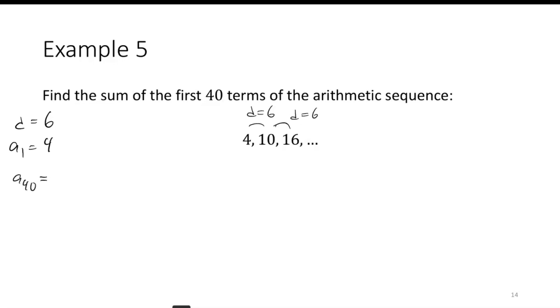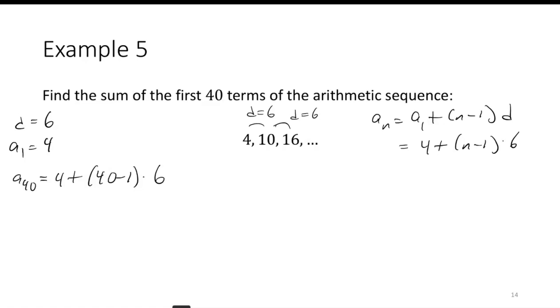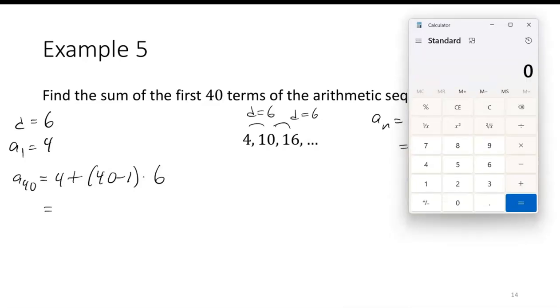So let's first think of the general term: a sub n is the first number, a1, plus n minus 1 times d. So it's going to be 4 plus n minus 1 times 6. So a40 is going to be 4 plus 40 minus 1 times 6, which, let's just put it in the calculator. That'll be 4 plus 39 times 6.